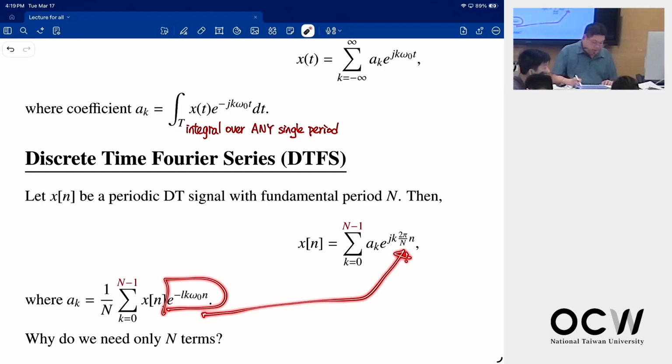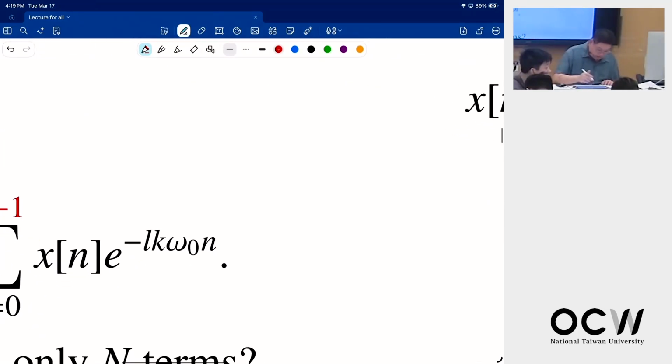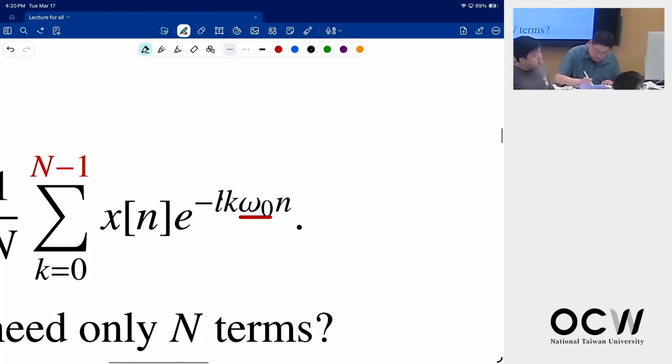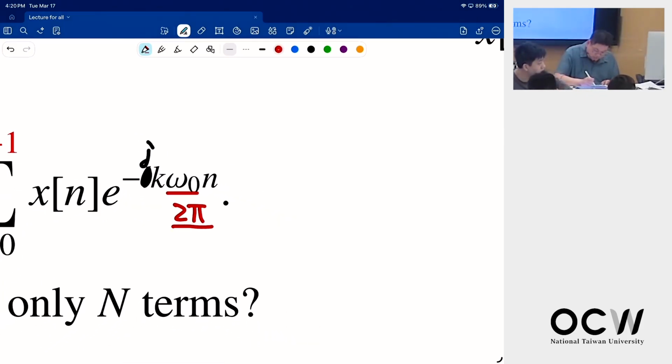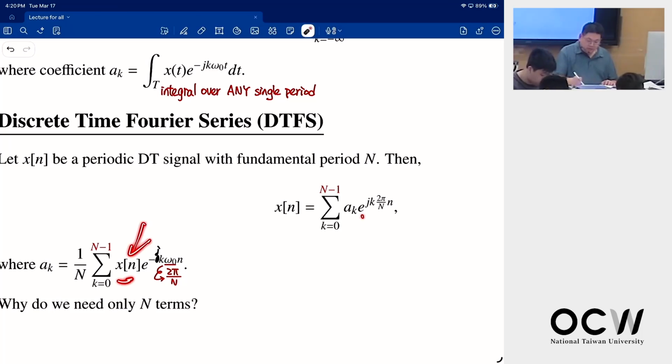Similarly, this omega naught, I'll write it down, omega naught is 2 pi over N. So again, you see that I have my vector inner product, your basis, but we do the conjugation.